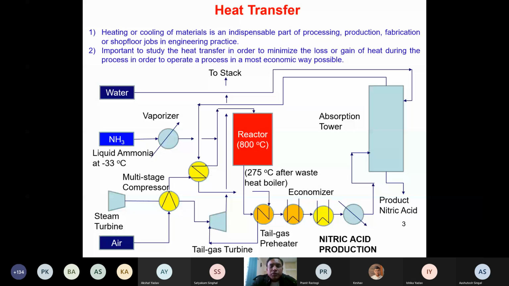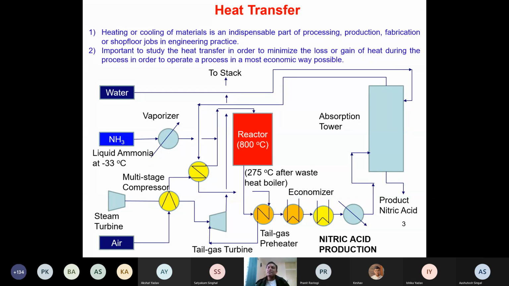So what we were discussing here is that in all the chemical processes, you can see heating and cooling is an indispensable part. And since heating and cooling is related with how much energy is supplied to the process, the study of heat transfer is extremely important, because that enables you to operate your process in the most economic way.